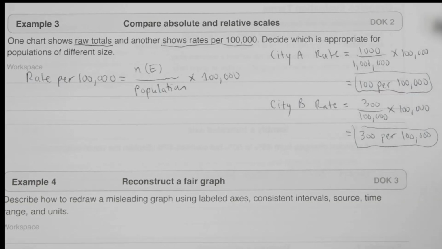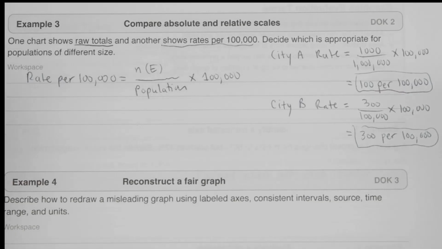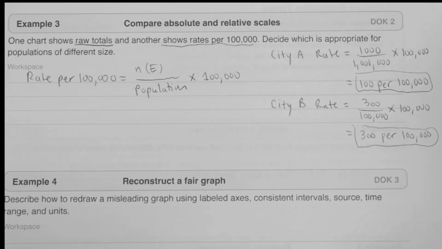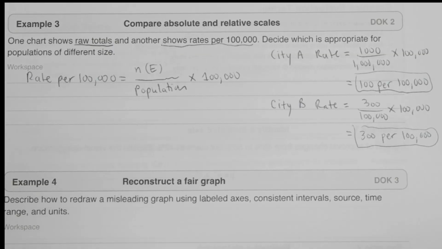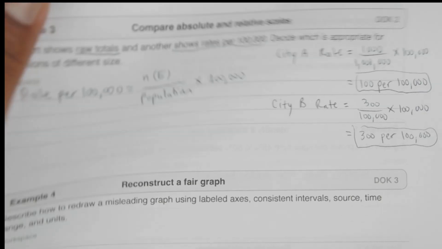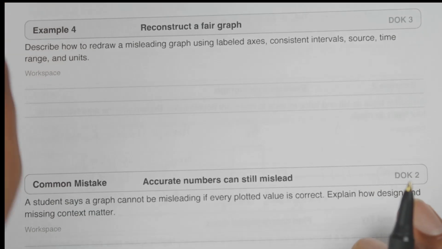So raw totals can be misleading when the populations are different sizes. So you got to be very careful with that. But raw numbers still matter, because raw numbers are definitely contextual factors. All right. Example number 4.